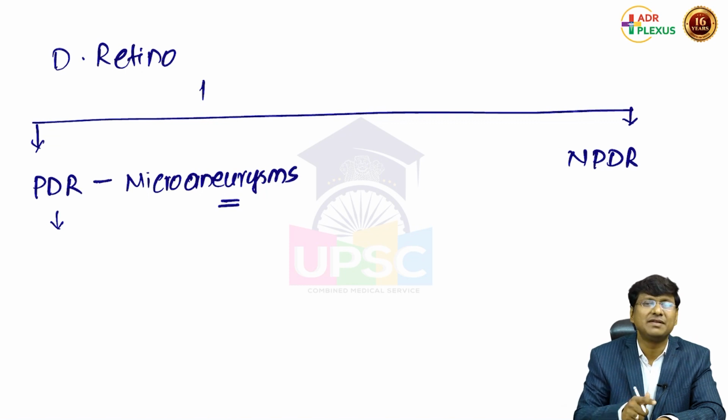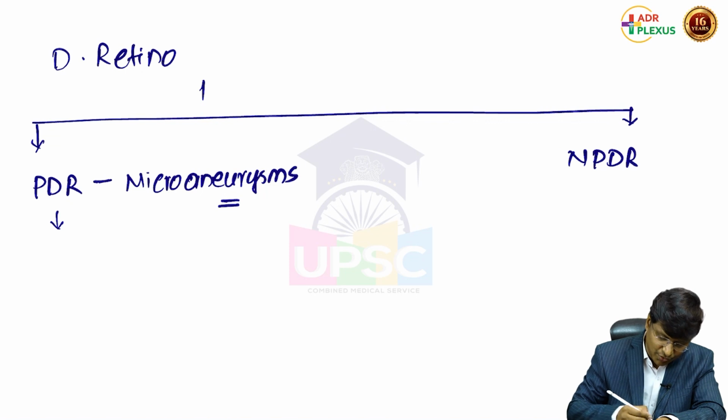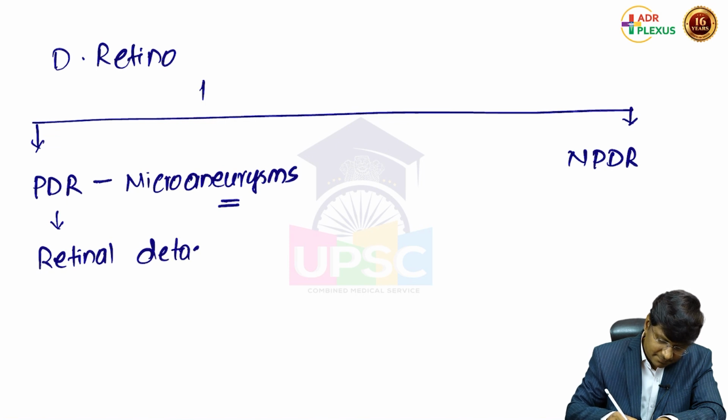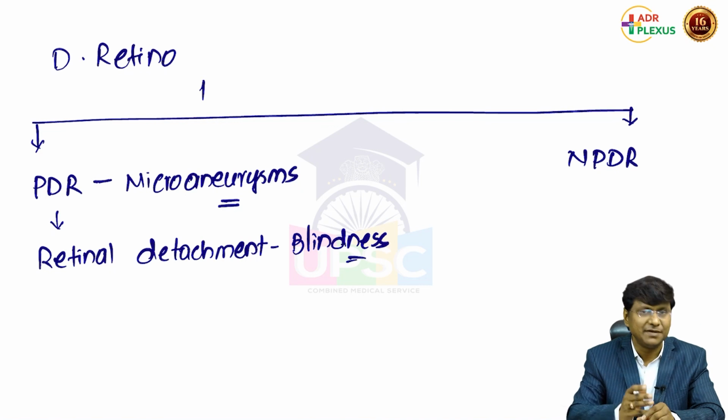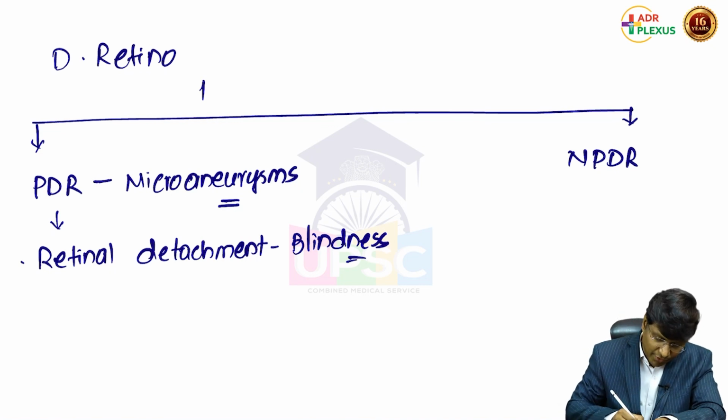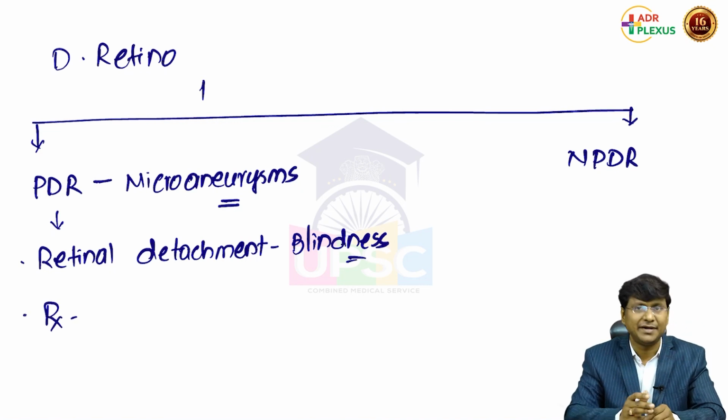What is the cause of the blindness? That is due to retinal detachment. So retinal detachment will be the cause of blindness in case of proliferative diabetic retinopathy. Then how do you treat proliferative diabetic retinopathy?